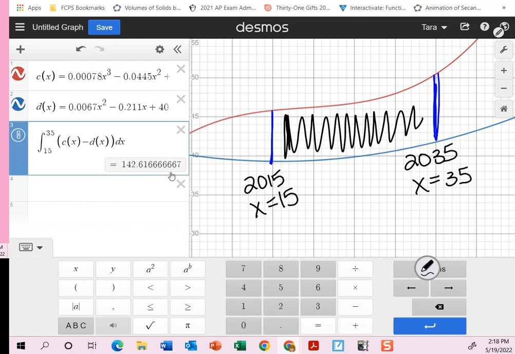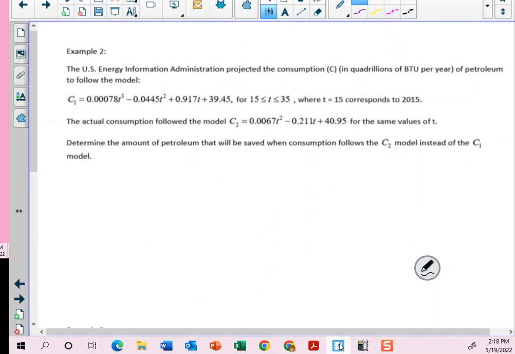So yeah, that's what I got fourth period yesterday. I don't know what I did second period to get a different answer. I have to look back at my work, but this looks more like what I got. 142.616 repeating. So yeah, 15 to 35.